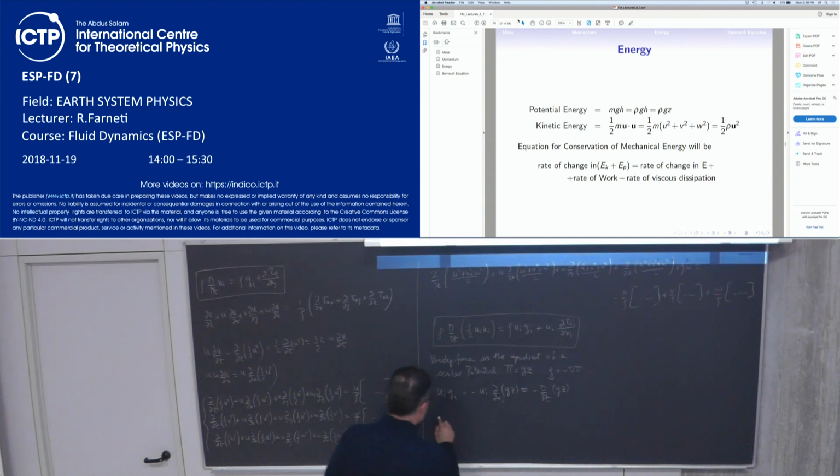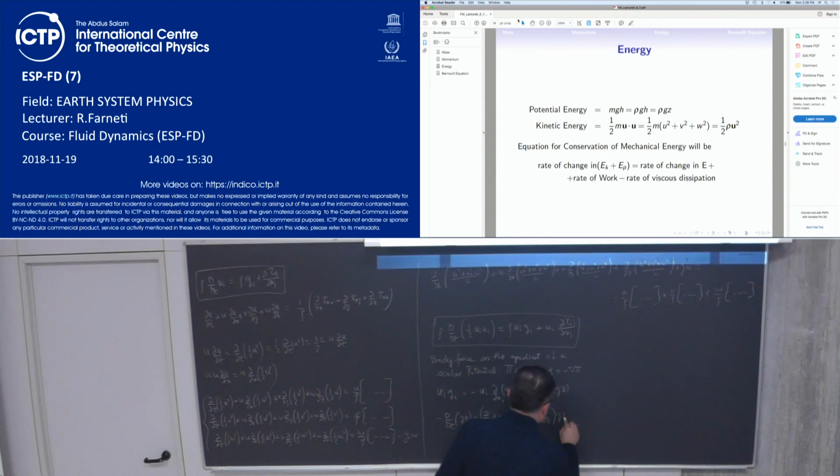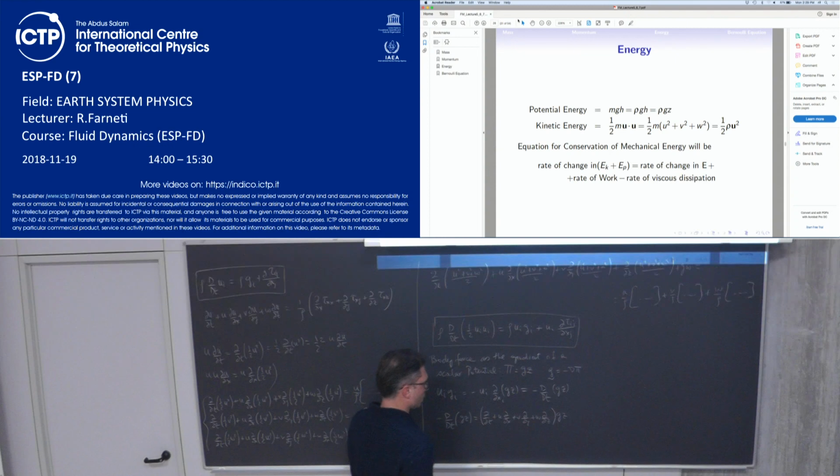We can show this. So I'm just working on that. This is equal to 0, this is equal to 0, this is equal to 0. This is minus.